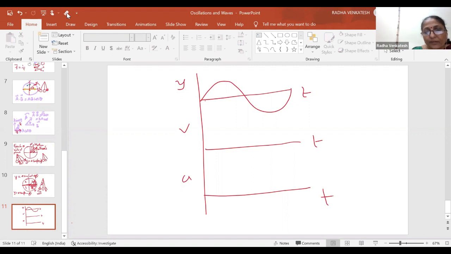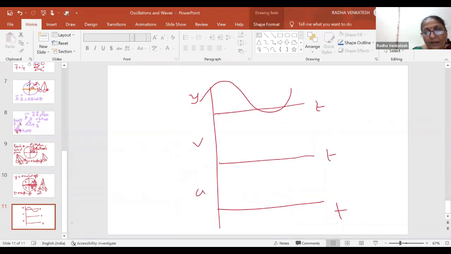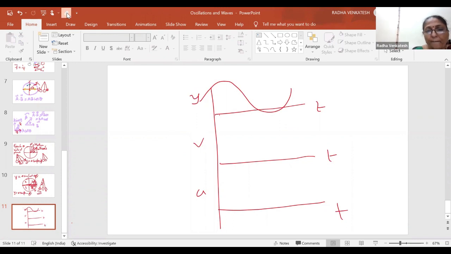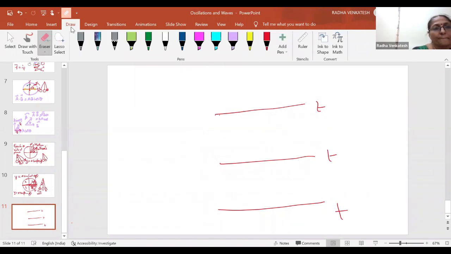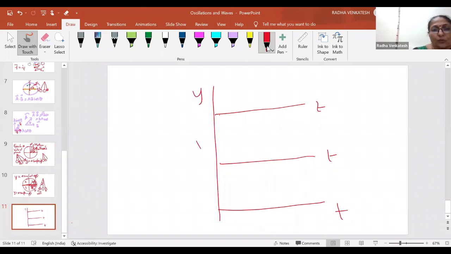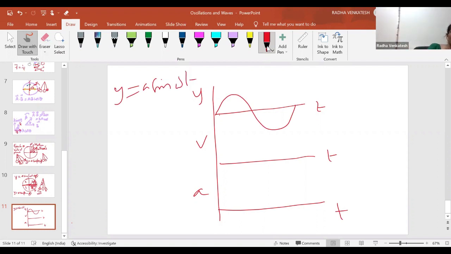If I had time, I would have actually drawn this also, but everything has moved. So quickly, y, v, and a. So y is a sine curve because y is a sin omega t. I'm just taking the initial phase to be 0.